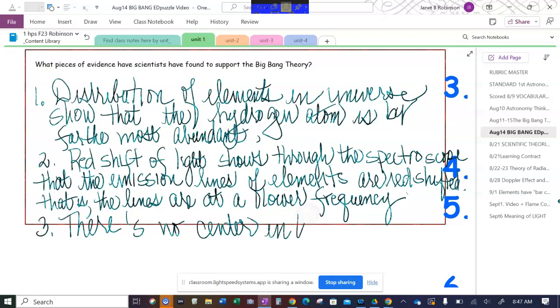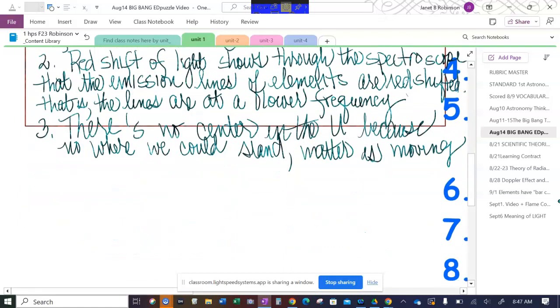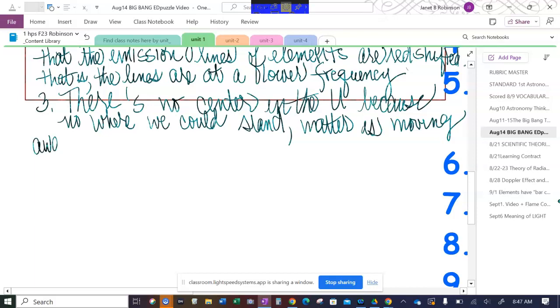In the universe, no matter where we could stand, matter is moving away from us in all directions.